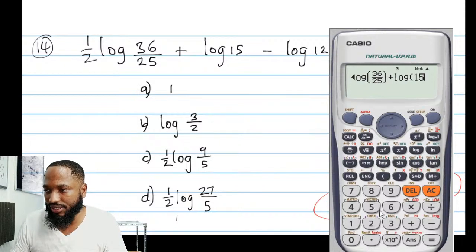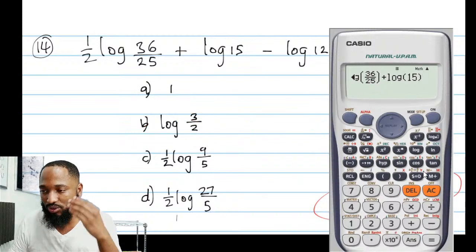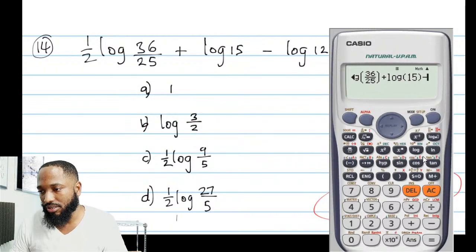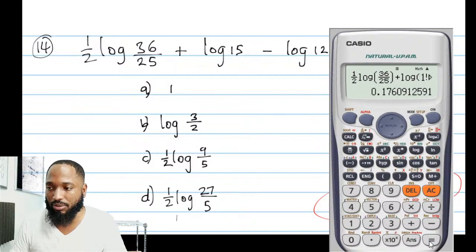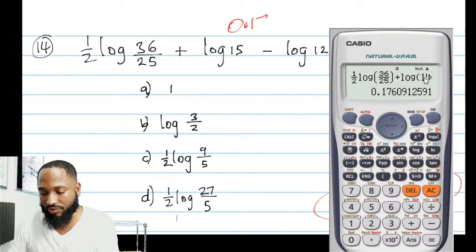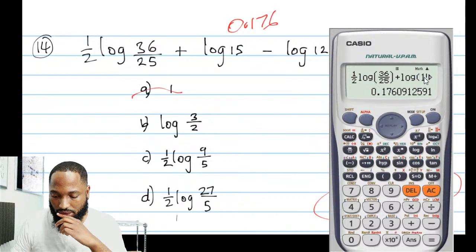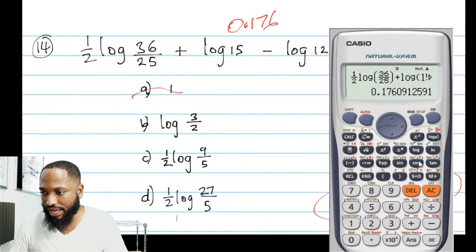Log 15. You see some of the answers in log, so we may have to use the calculator to just whip it out. I'll show you how to do the other method. The other method may be quicker for some people. So you get 0.176. Let's double check that I ain't doing nothing crazy. So 0.176. This answer is out. So now we see in like if the log of 3 and 2 is that.